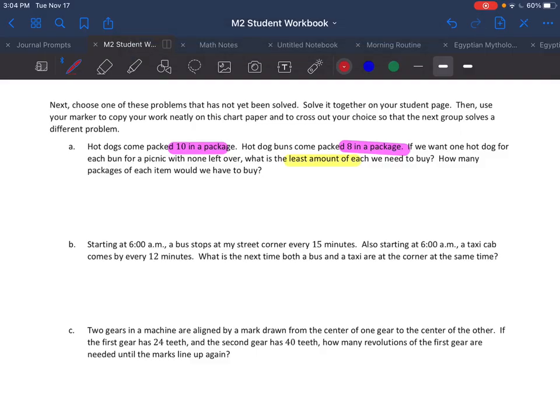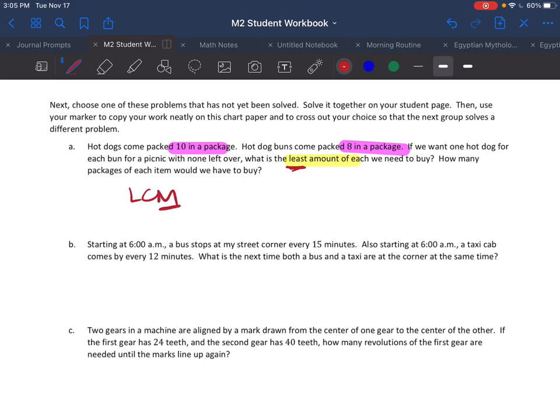I'm looking for the least number of total hot dogs, total packages to feed enough people. So I'm going to take my smaller number, my 1 package of hot dogs and my 1 package of hot dog buns, and I'm going to multiply it to see how many I need to feed my whole group. And I'm looking for the least amount that I need. So here's one keyword, least. I'm going to double check. I might be looking for least common multiple.